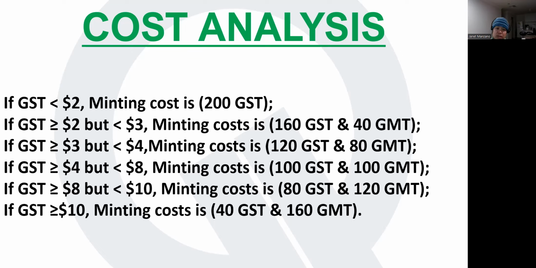So we can't say that it's always greater or the same as if GST is less than 2. I'm not sure if you're getting what I'm trying to say here. At the moment, even in Discord, no one has released a minting table yet, because no one even knows what the cost per level of the minting is until it's implemented.